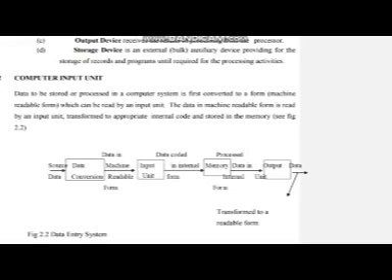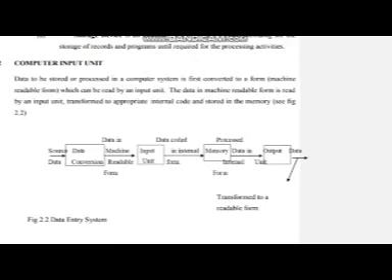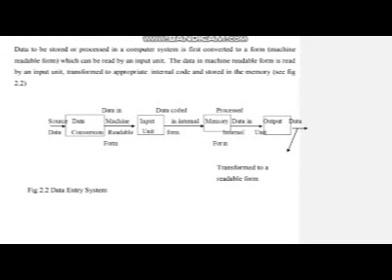It says source data, data conversion, data in machine readable form, input units, data coded in internal form, memory, process data. So you can go through this, and you can also choose to draw it. It's not compulsory though.